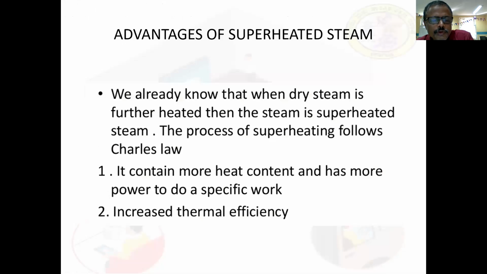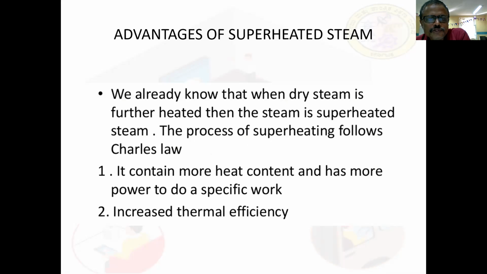Now we will have to understand why we should heat the steam beyond its saturation point. That is why we need the superheated steam. We have already seen before that when dry steam is further heated, the steam is superheated steam.